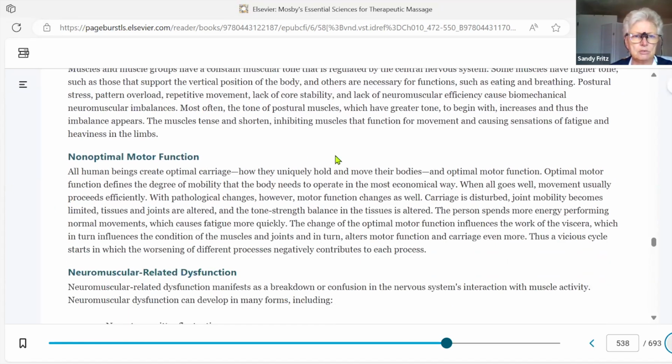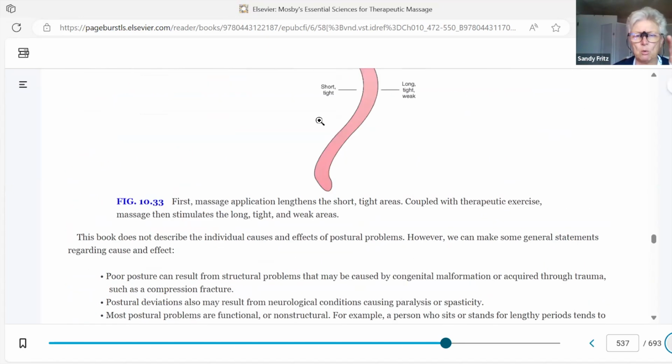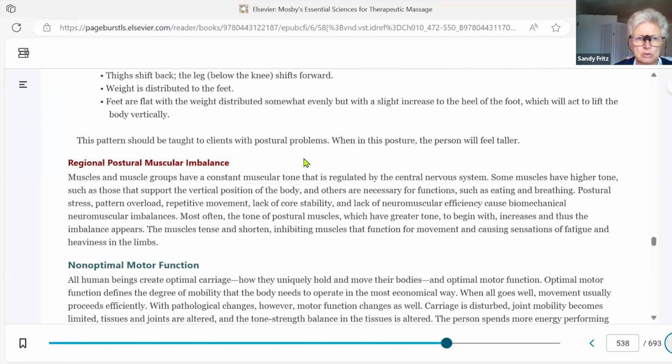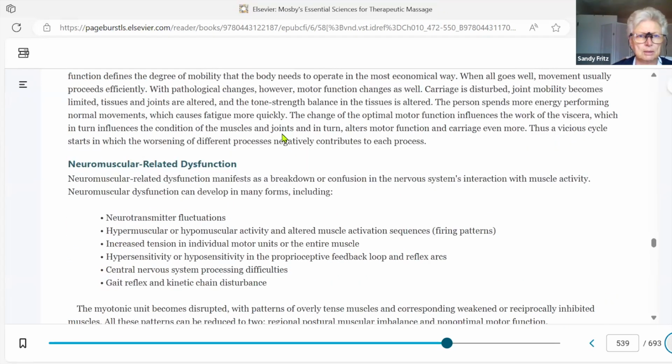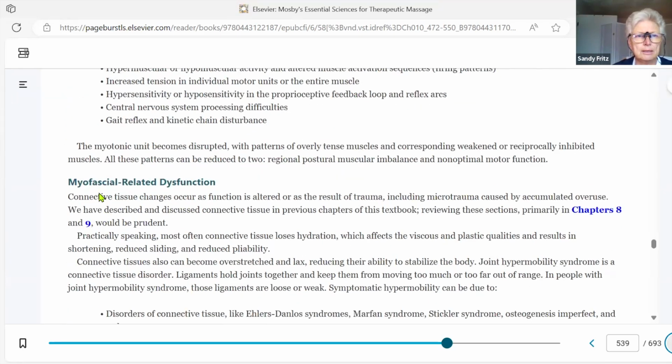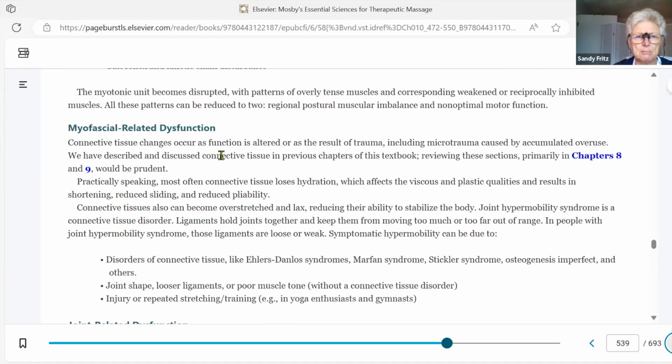Then we can get into a more regional view. This is more of a whole body idea. Down here, it gets more regional. And then we also can have neuromuscular related, where there's a problem with the nervous system. And then we also have myofascial, and usually it's all combined together.